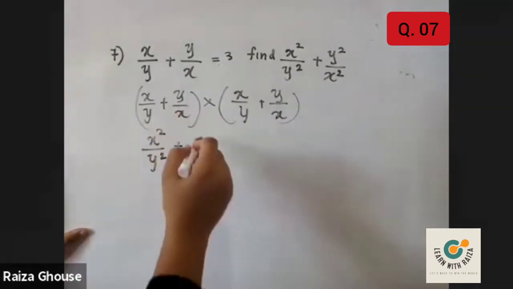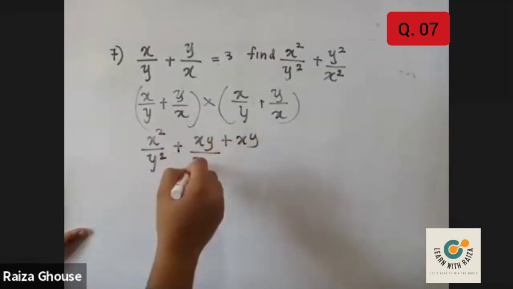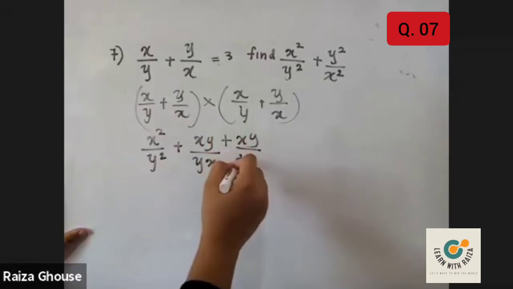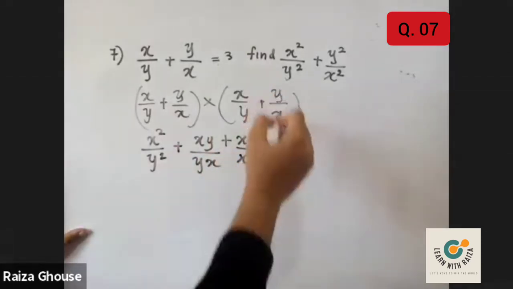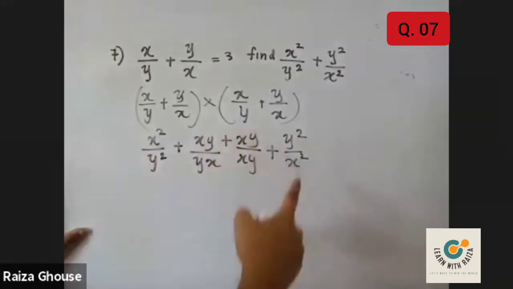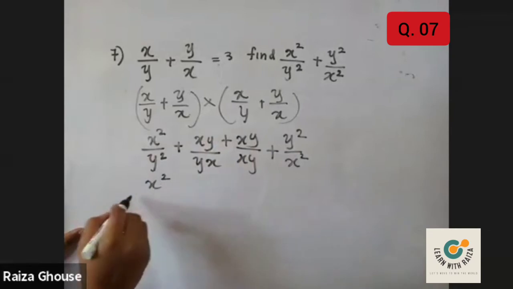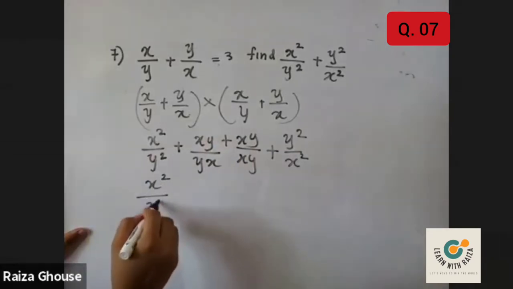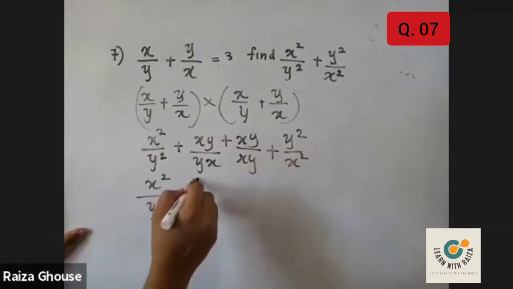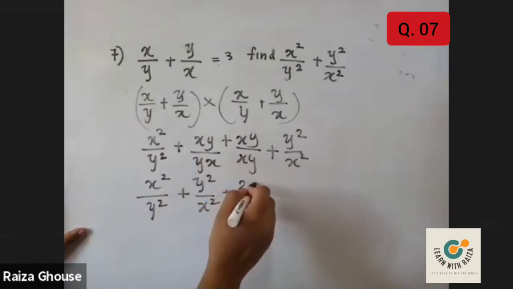Here you can get xy plus xy, both upon yx. Square of the last term, y squared upon x squared. So when you take all these things, you get x squared over y squared plus y squared over x squared plus 2xy.